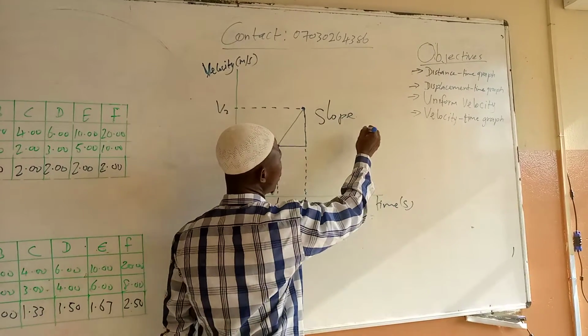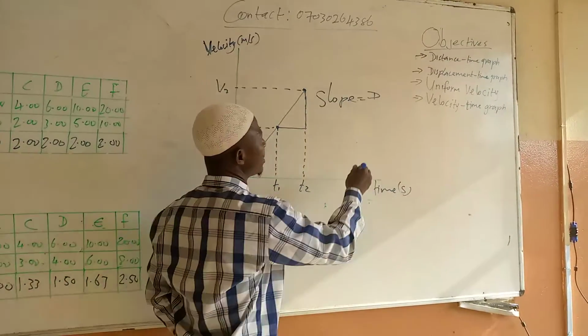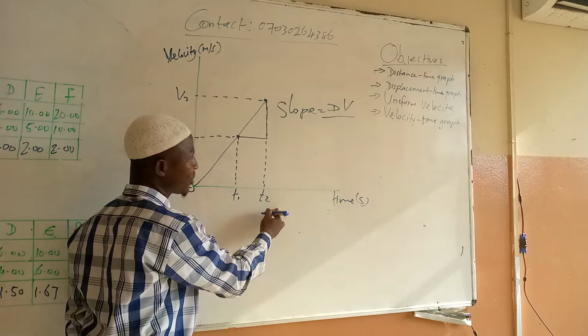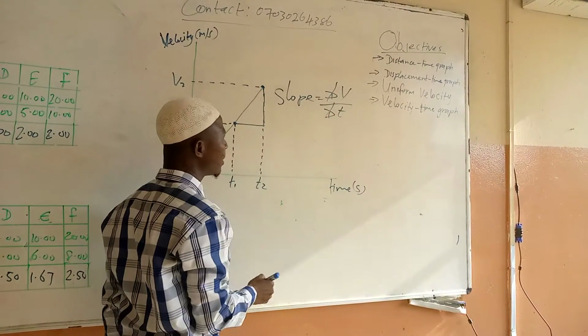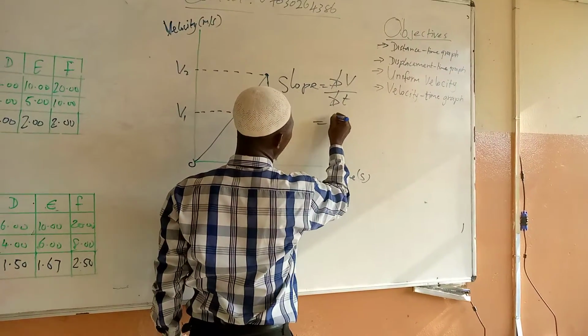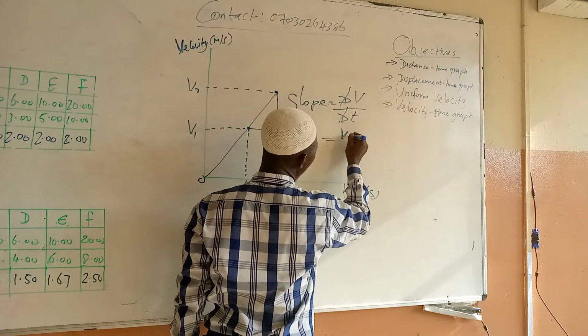Therefore, our slope will be the change in what you have on the vertical axis, which is V, velocity, over the change in what you have on the horizontal, that is T. So the slope of velocity time graph will give us change in velocity over time.